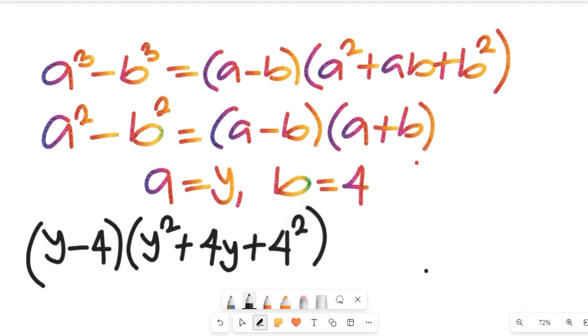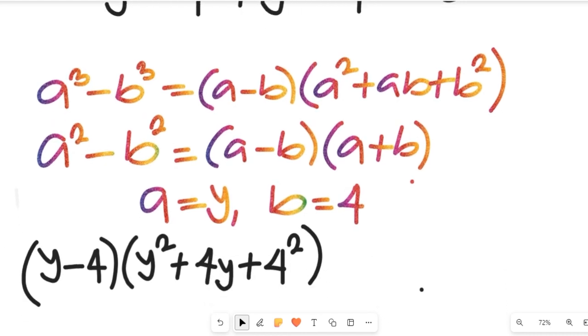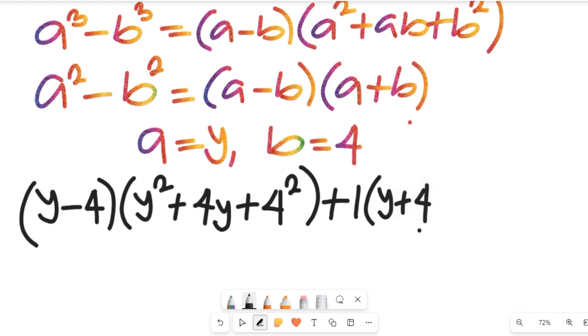Now let's go to a to the power of 2 minus b to the power of 2, which is y squared minus 4 squared. If we go there, this expression will give us plus 1 multiplied by y plus 4, and then y minus 4, and this will be equal to 0.